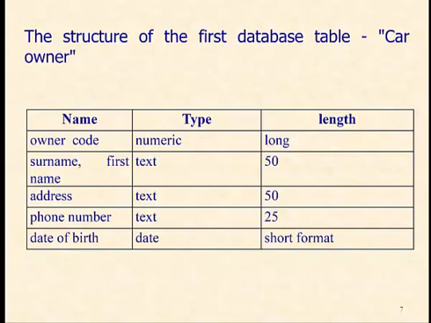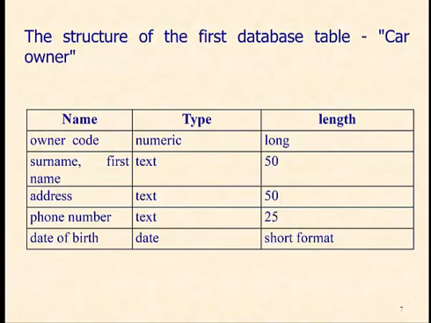The second row is surname, first name row, and its type is text. Length is 50 symbols. The third row is address. Its type is text, and the length is 50 symbols. The fourth row is phone number.